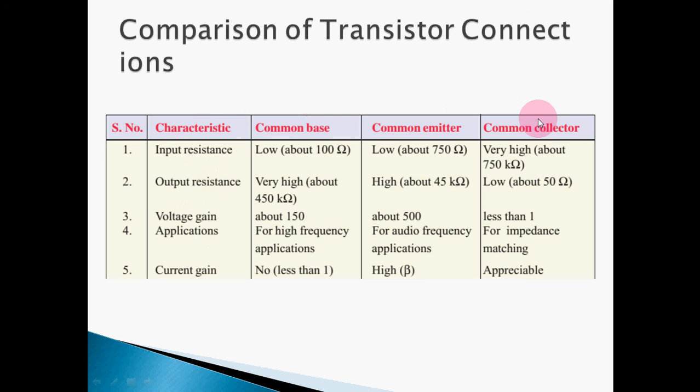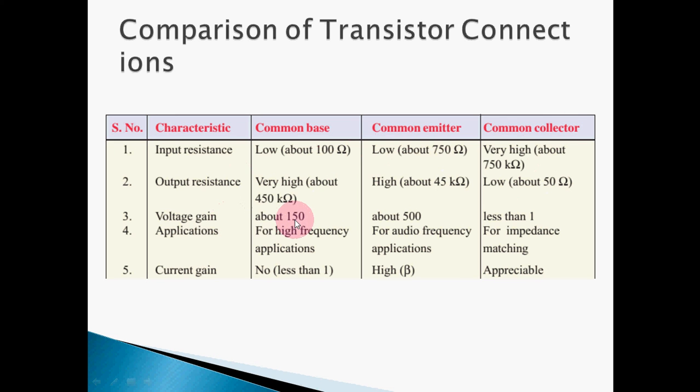From this table we can see that input resistance for common base is very low, 100 ohm. Common emitter is low, but comparatively higher than common base, and common collector is very high. Output resistance for common base is very high, common emitter is high, and common collector is low.